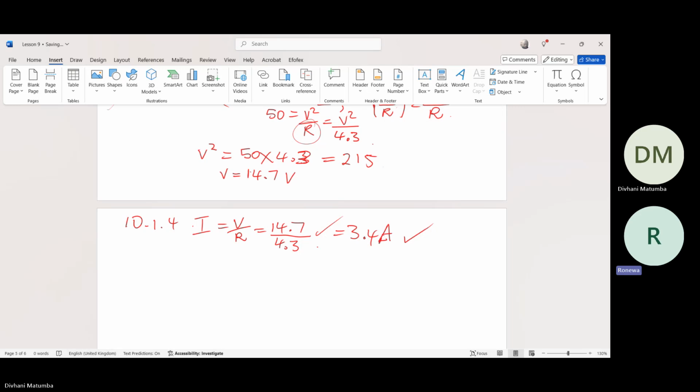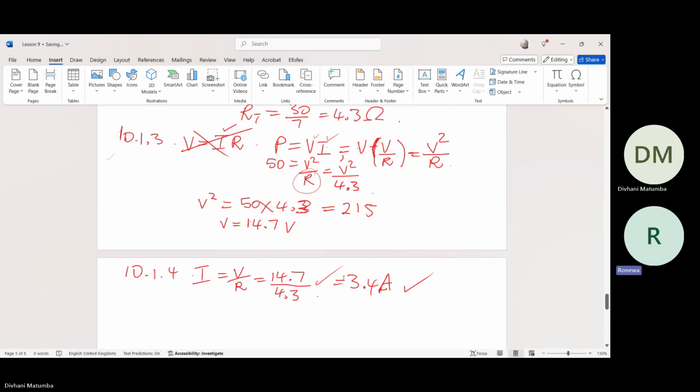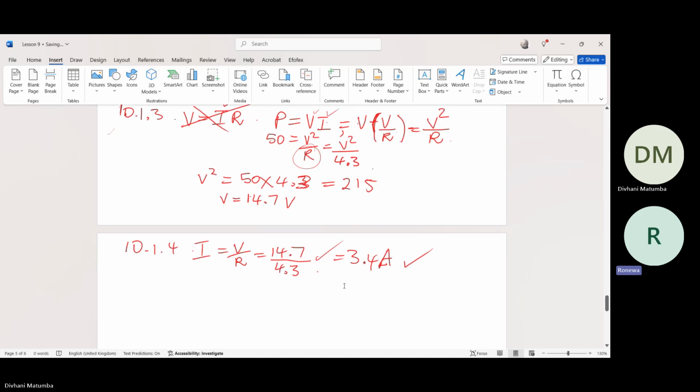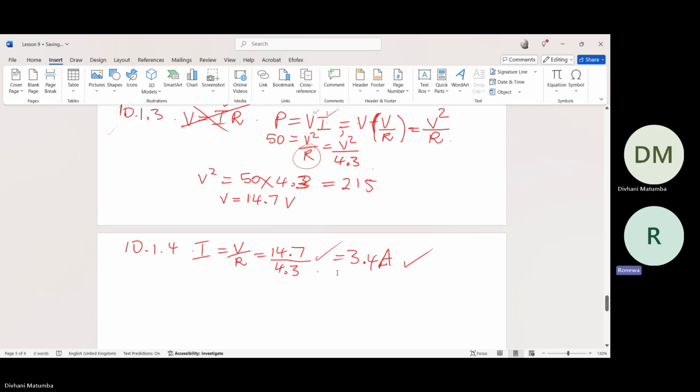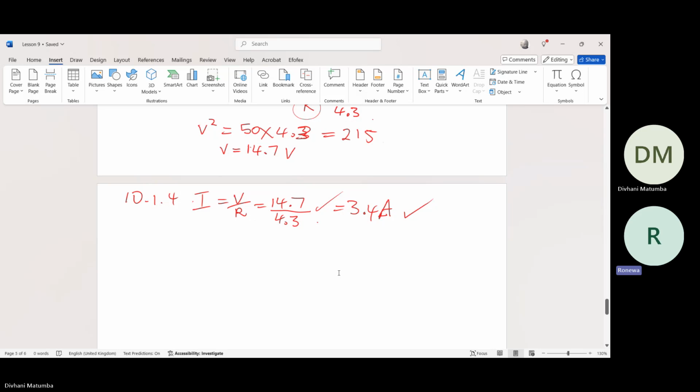Would I be correct if, instead of using I equals V divided by R, what if I used P equals V times I and just manipulated the formula?